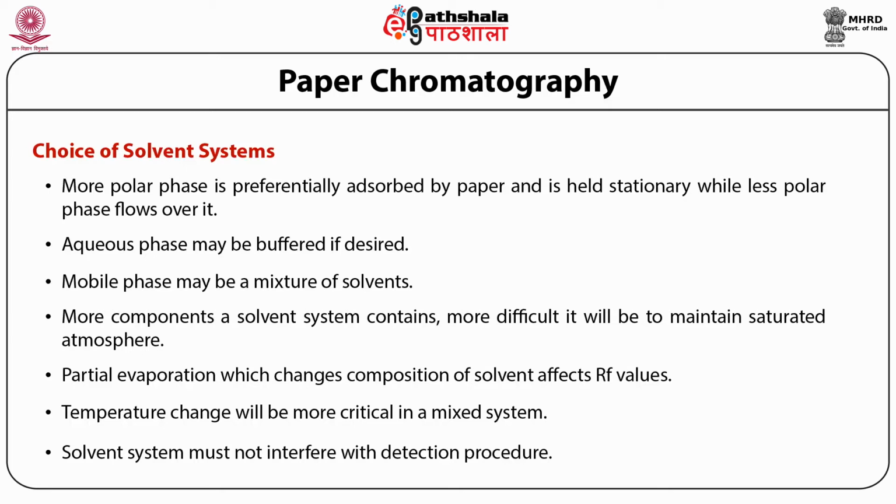Ideally, one should choose a solvent system such that the two phases are immiscible and in which the sample components have a high but different solubility in the two phases. This situation will lead to maximum separation with a minimum of spreading in the shortest time.